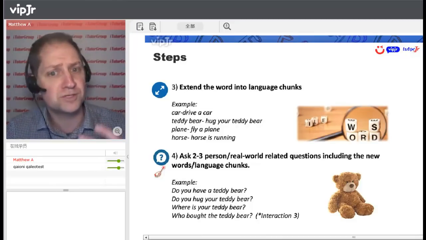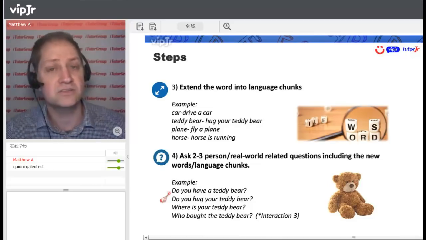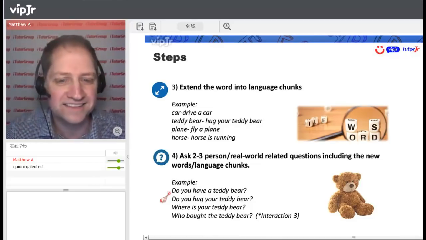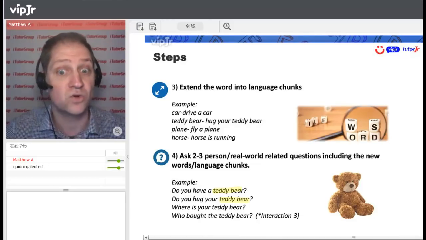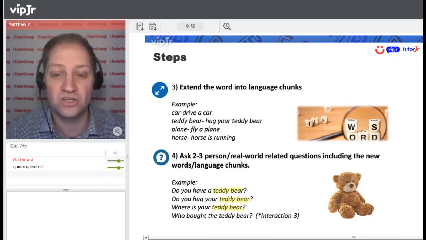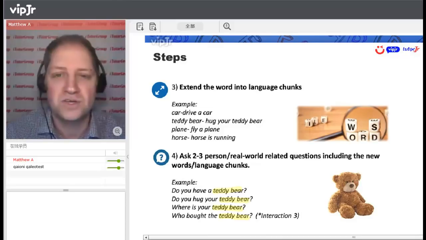So for example, we've been talking about teddy bear. We talked about hug your teddy bear. Then we could say, do you have a teddy bear? We're using our target language, teddy bear. Do you hug your teddy bear? Where is your teddy bear? Who bought your teddy bear? So we've got interaction with our student.